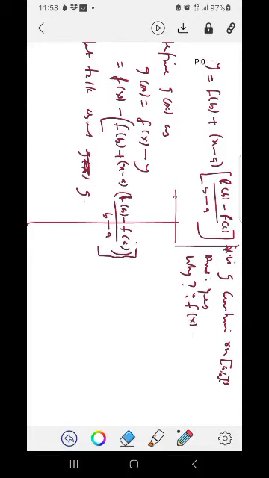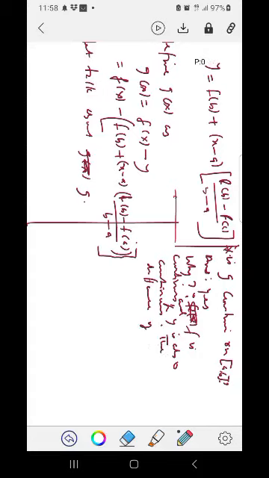Why? f is continuous, and y is also continuous, and the difference of continuous functions is continuous.